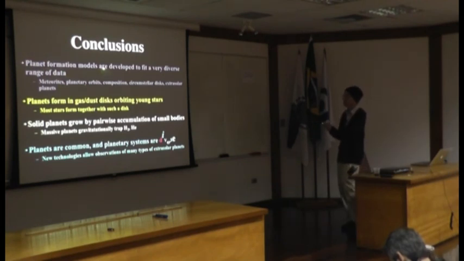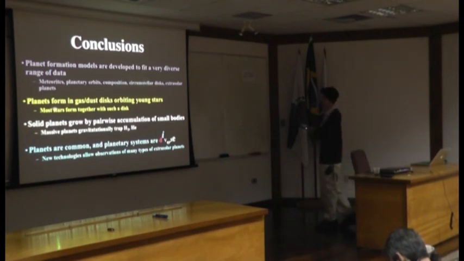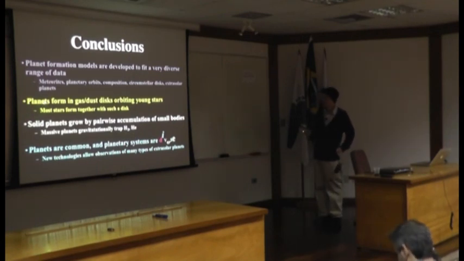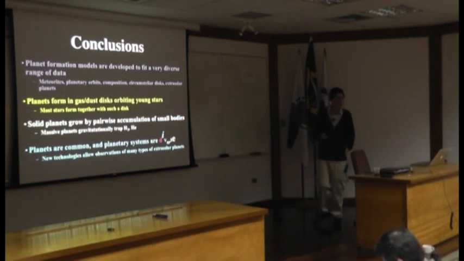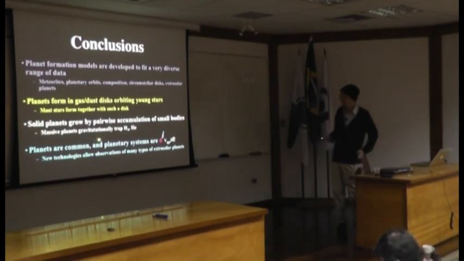Planet formation models are developed from data in our solar system, some extrasolar planets, and observations of circumstellar disks. Planets form together with stars in the dust and gas disks orbiting these young stars. And most stars do form together with such disks, which means planets should be common.